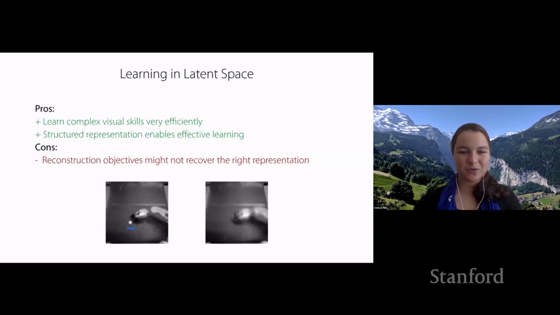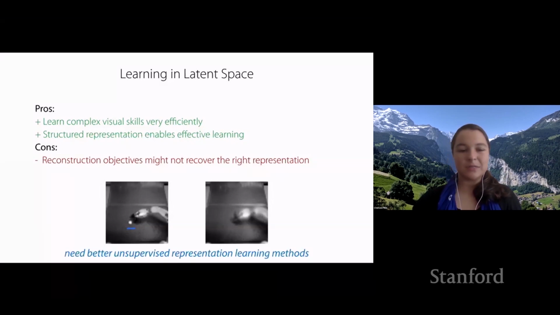It essentially learned to erase the ping pong ball because it was a very small object that didn't lead to a high reconstruction error if it wasn't reconstructed. And of course, the ping pong ball is exactly what you wanted to know for the task. This is an example of where a reconstruction objective may not recover the right representation. It may not actually focus on things that are relevant for the task.